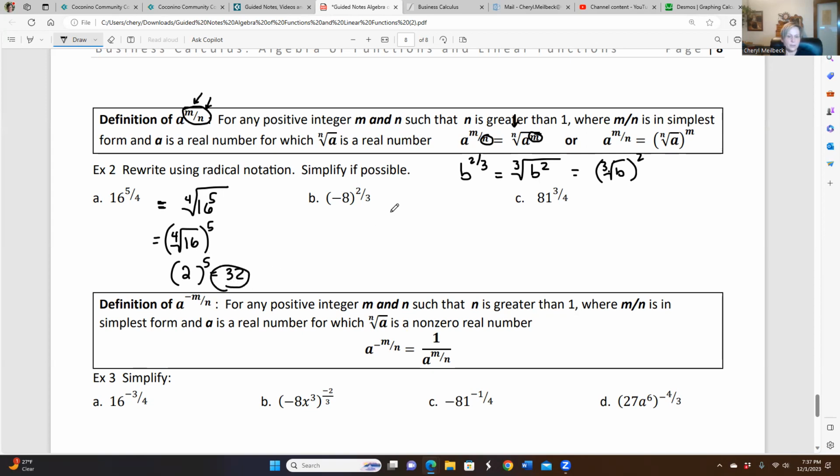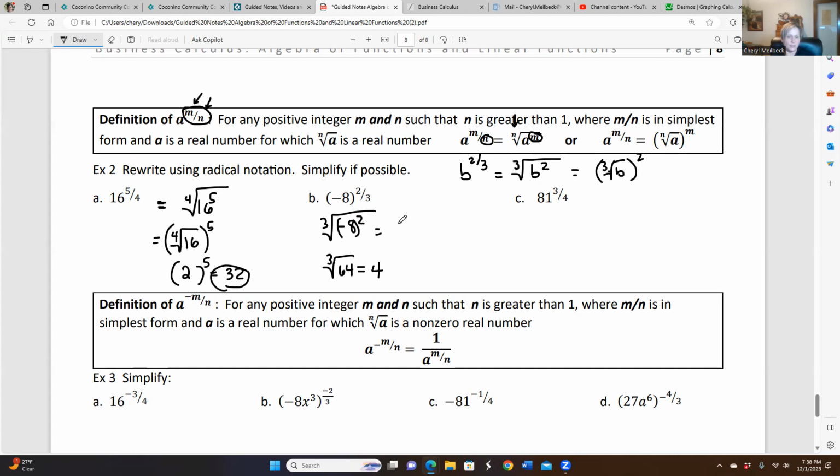So we are strong. Looking at this one, we have a -8 squared, but we want the 3rd root of that. You could probably do this either way. A -8 squared, it sounds terrible to have this negative inside the radical, but it is a cube root, so it doesn't matter. But a negative squared is a positive, so we get the cube root of 64, which is going to be 4.